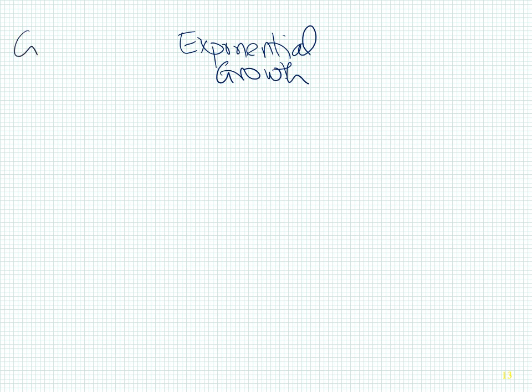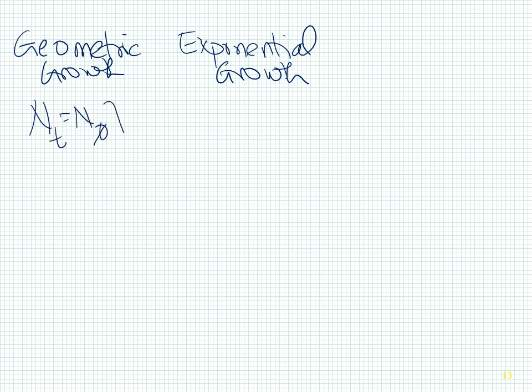So if we're looking at exponential growth, remember we already had geometric growth. And remember with geometric growth, the number at a given time equals the number you started with times the geometric rate of increase raised to the number of time steps.